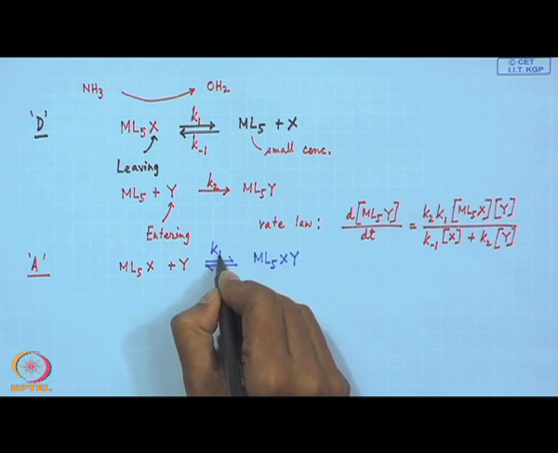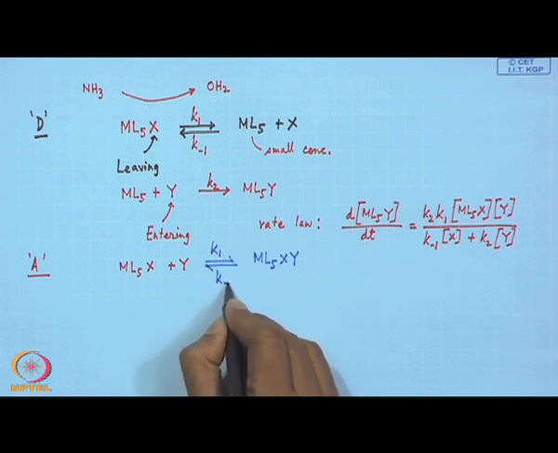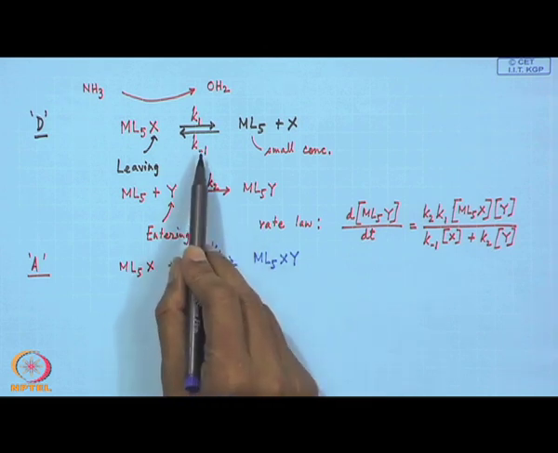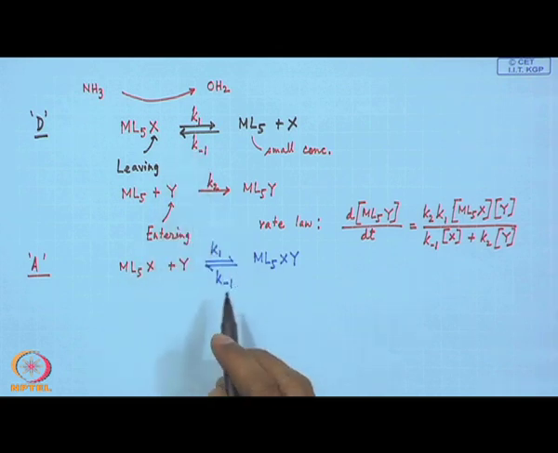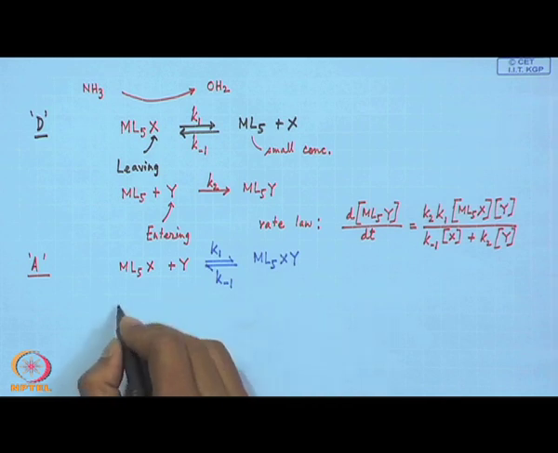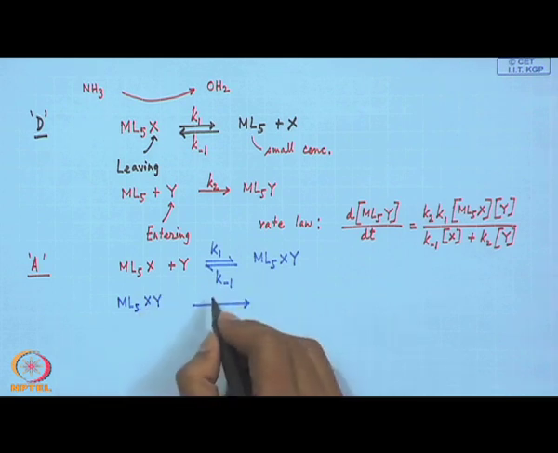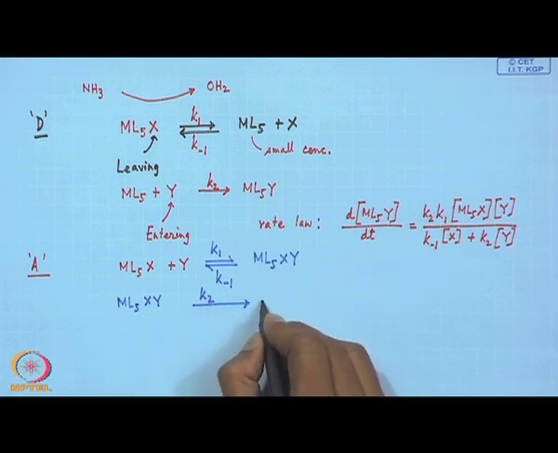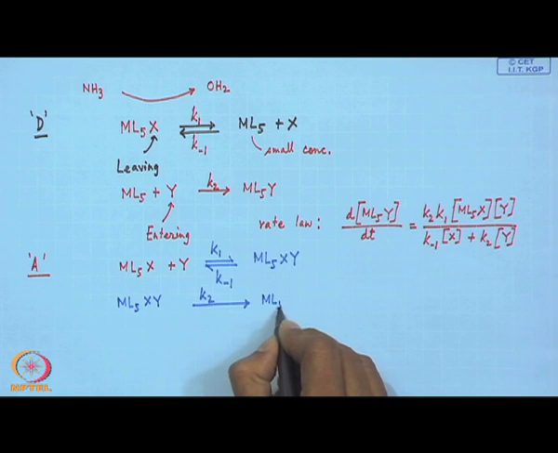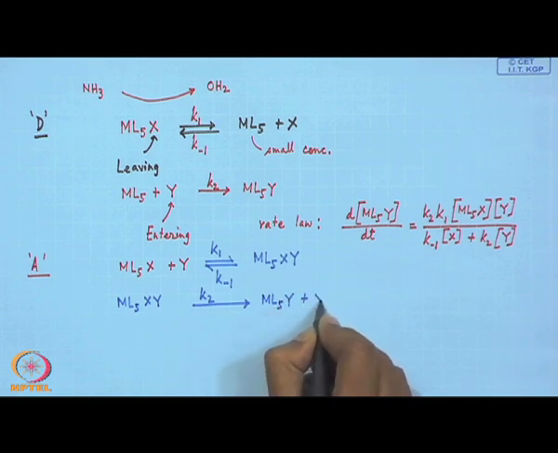We have this K1 and K minus 1 in the same way as that of our dissociative pathway. Then in the second step, this particular associated form, that means ML5XY, is going for the elimination of the X, giving rise to ML5Y plus X.